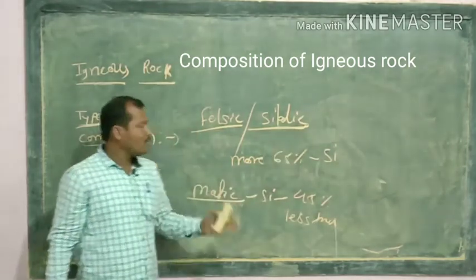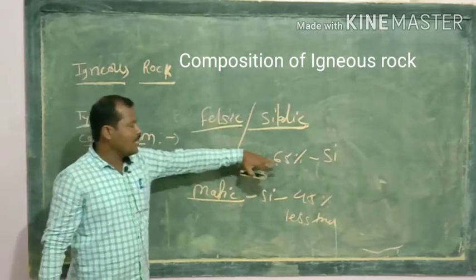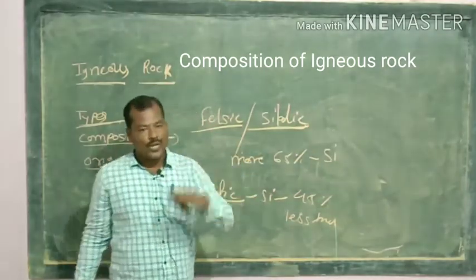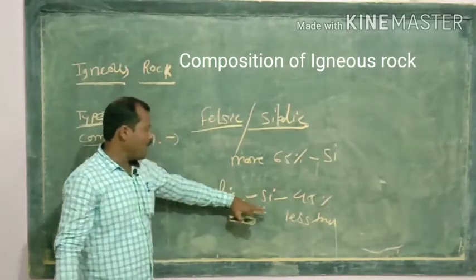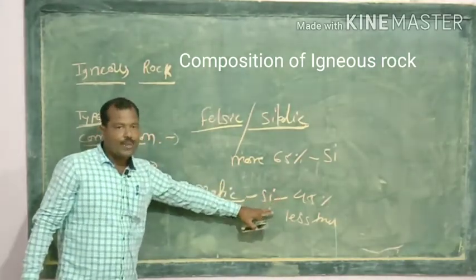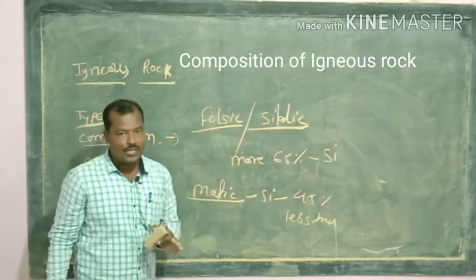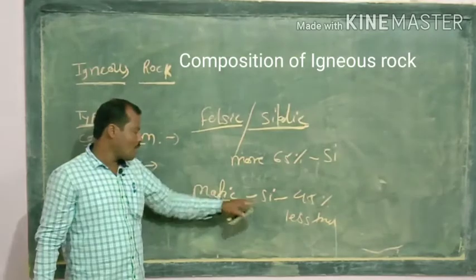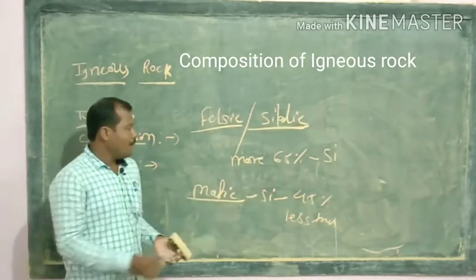Also, along with silica, felsic rock has more aluminium and potassium, while in the mafic rock the silica percent is less but there is more iron, that is Fe, and Mg in the mafic rock.